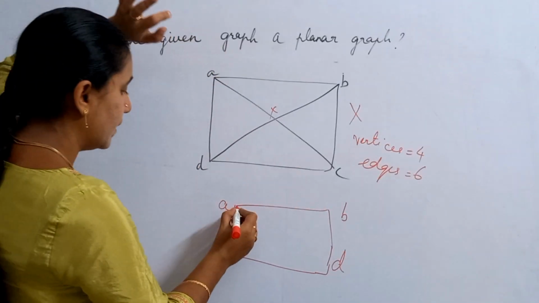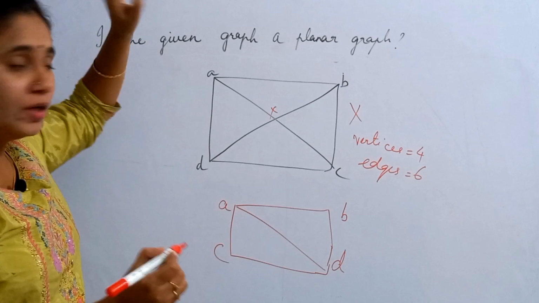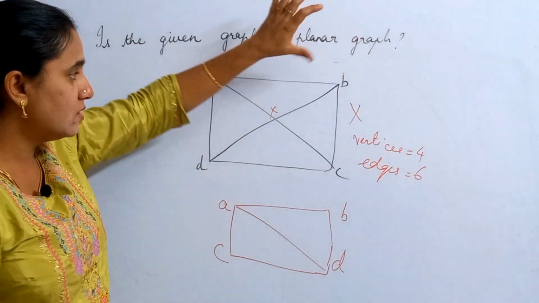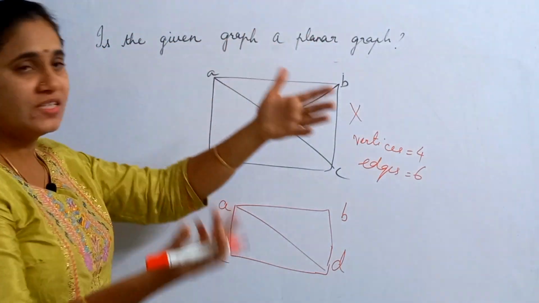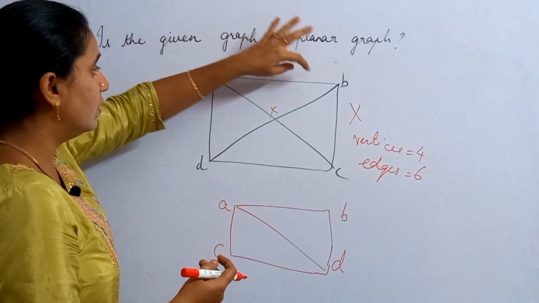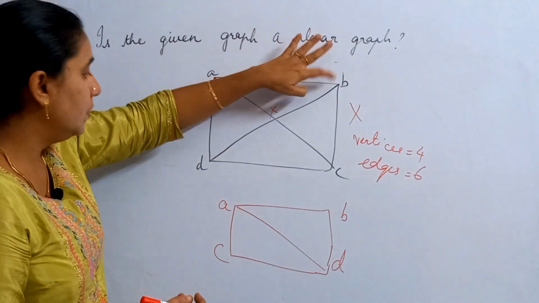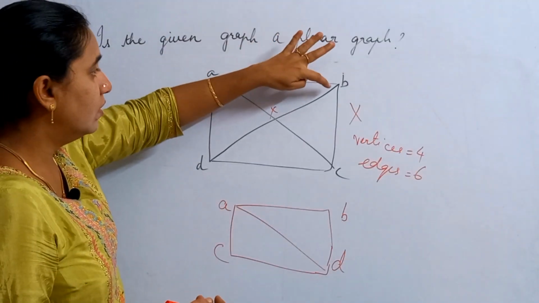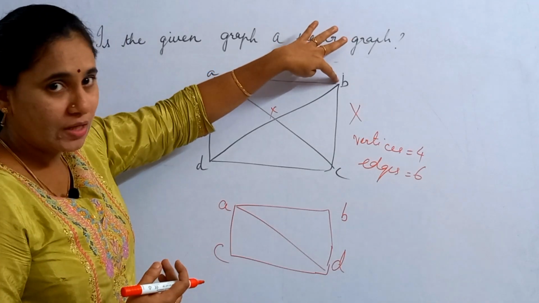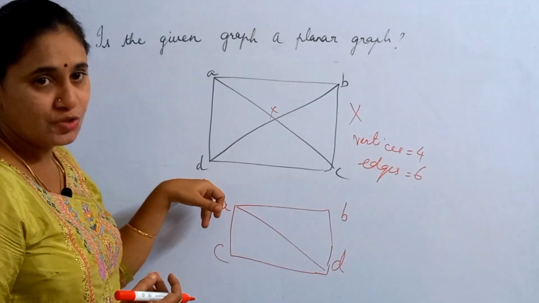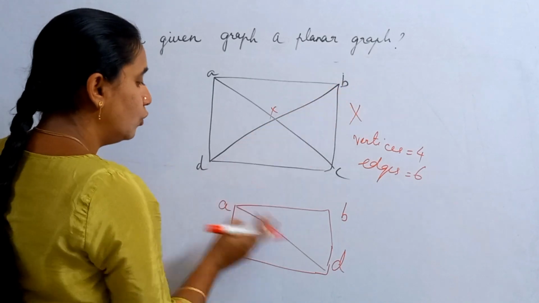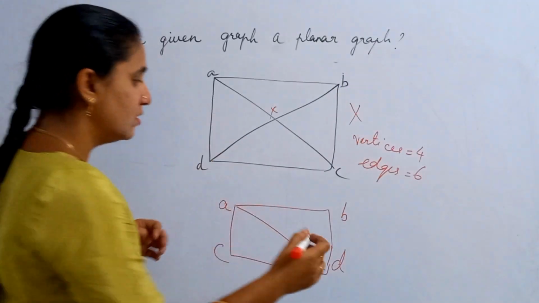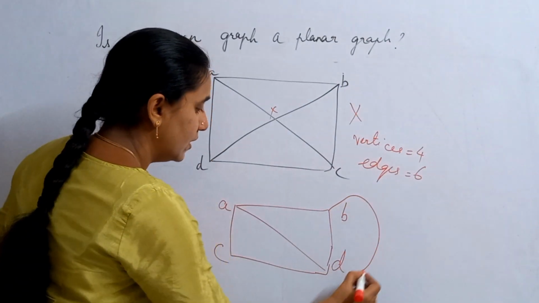One edge I can keep as it is. Another edge alone I can change its direction. Let me take this edge B to D. It has to start from B and must reach D. Instead of making it move over this edge, I can join like this.